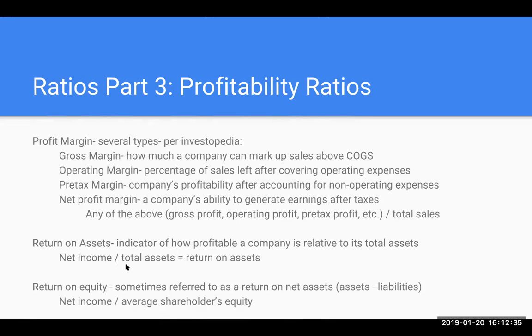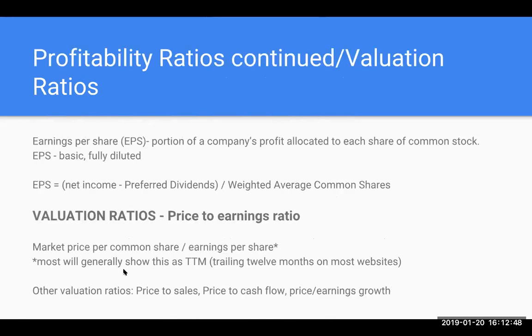And then lastly, we have return on equity, which is also sometimes referred to as return on net assets. This is net income divided by average shareholders' equity. The next one we're going to look at is earnings per share, which is the portion of a company's profit allocated to each share of common stock.